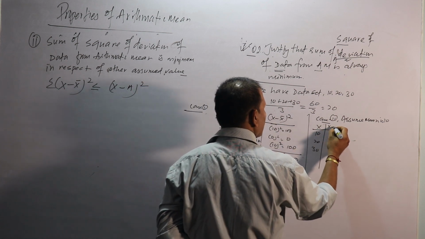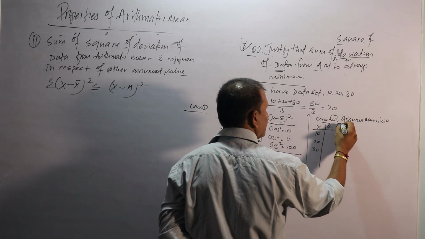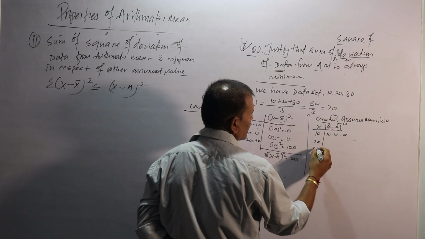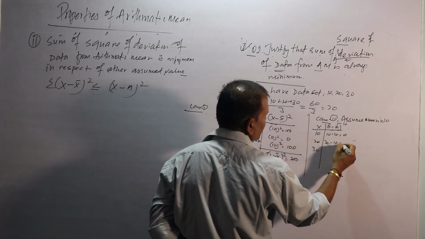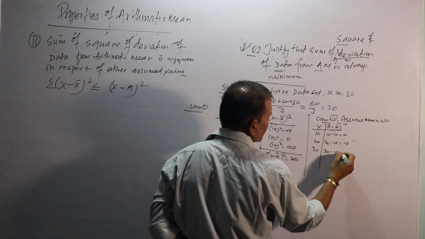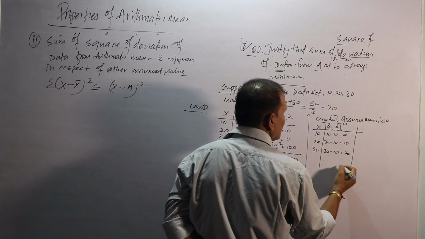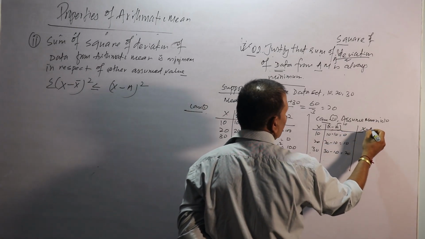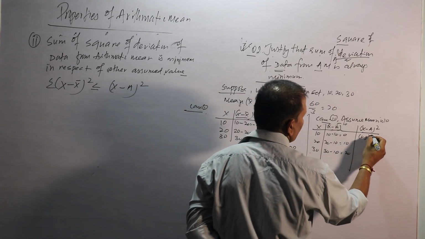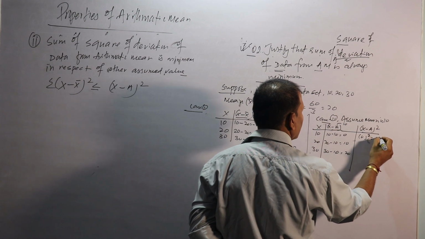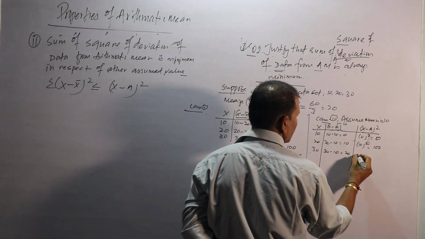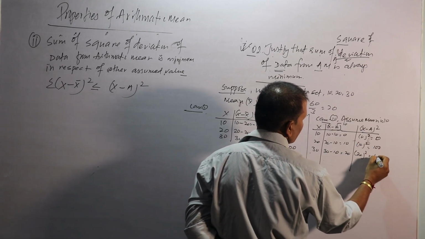The deviation is x minus a, where a is the assumed mean, 10. So 10 minus 10 is 0, 20 minus 10 is 10, and 30 minus 10 is 20. Now the squares of the deviation: 0 square is 0, 10 square is 100, and 20 square is 400.